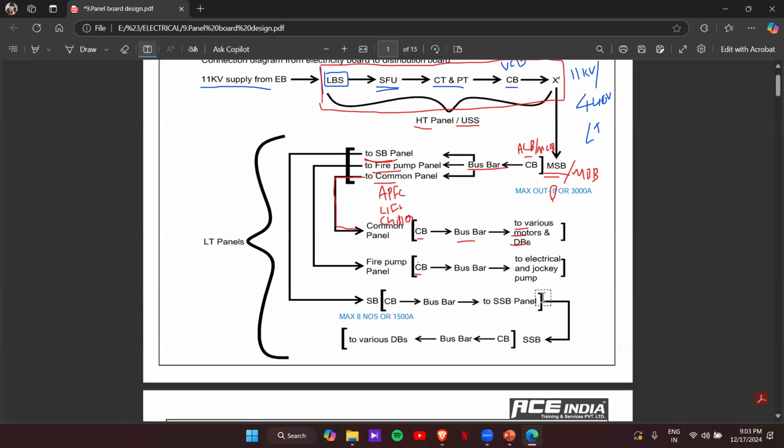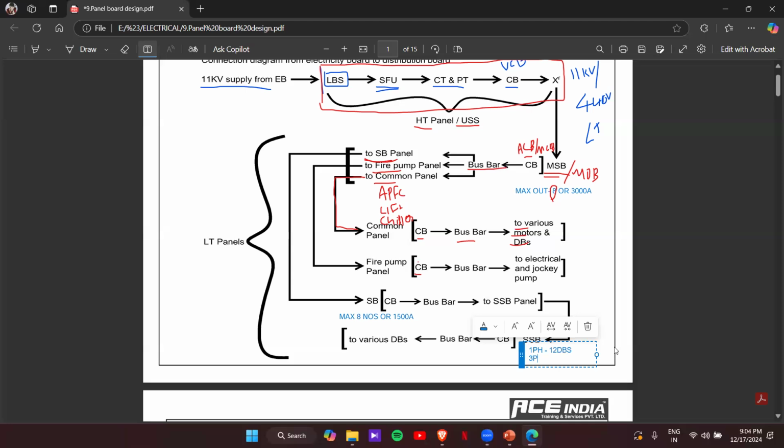From one SSB, how many DBs can we connect? If you have single phase DBs, you can take 12 DBs from one SSB.